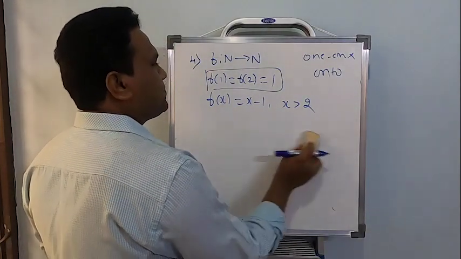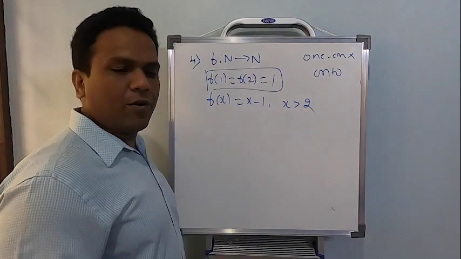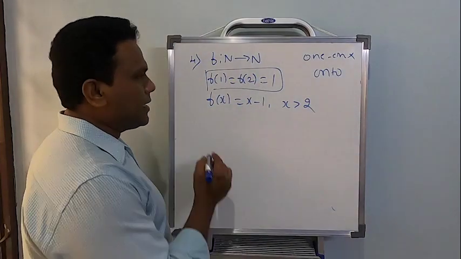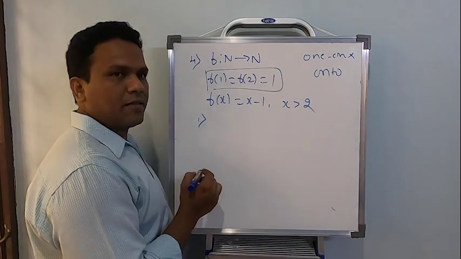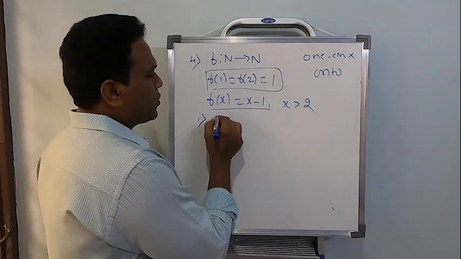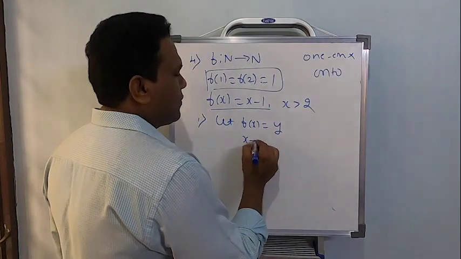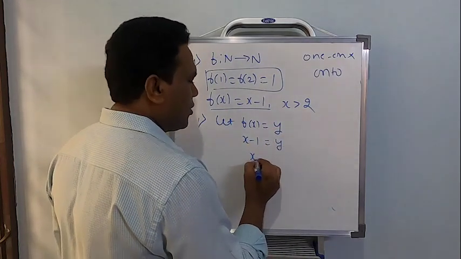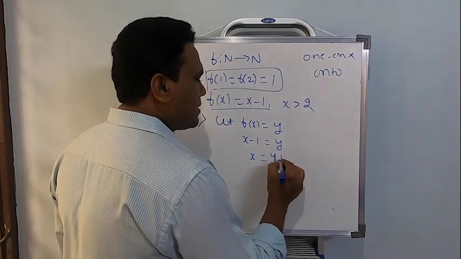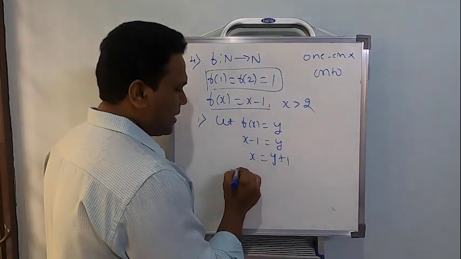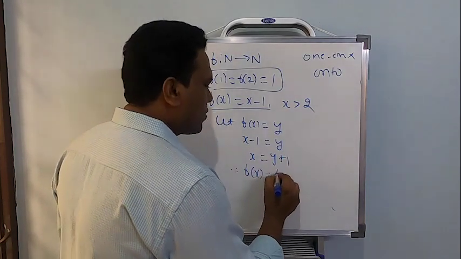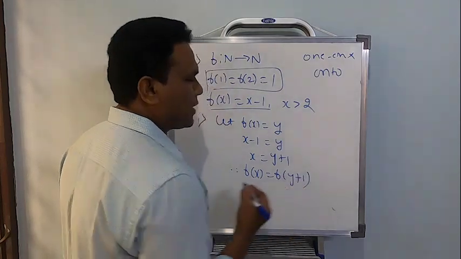Now they said to show that it is going to be onto. If you want the condition-wise method, I will explain both methods here. The condition method: let's consider f of x equal to y, therefore x minus 1 is equal to y, or x equal to y plus 1. Correct, right? Therefore f of x equals f of y plus 1.